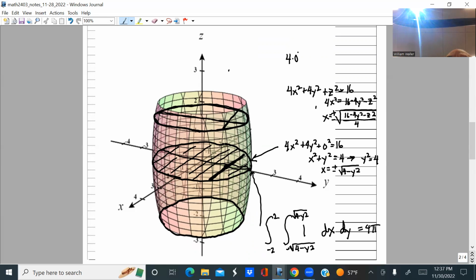Well, 4 times 0 squared, plus 4y squared plus z squared is equal to 16. So this term is 0. So we just get what? 4y squared is equal to 16 minus z squared, right? Or y is plus or minus the square root of this.